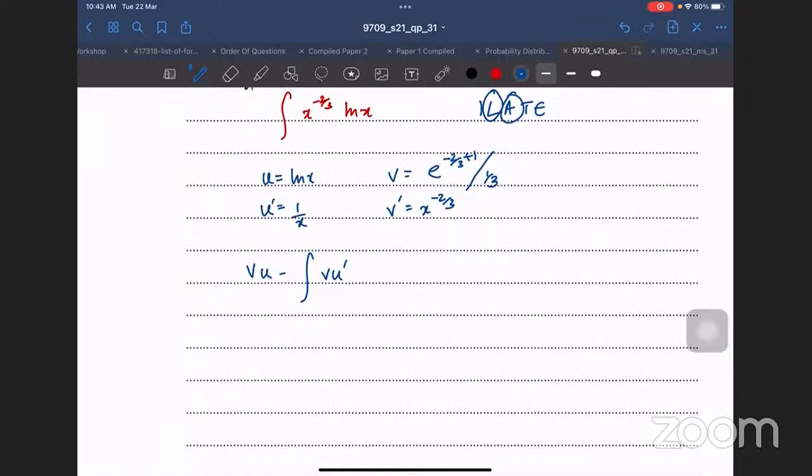So this becomes 3x power 1/3. u is ln x. Sorry, I don't know why I wrote e, it's x.